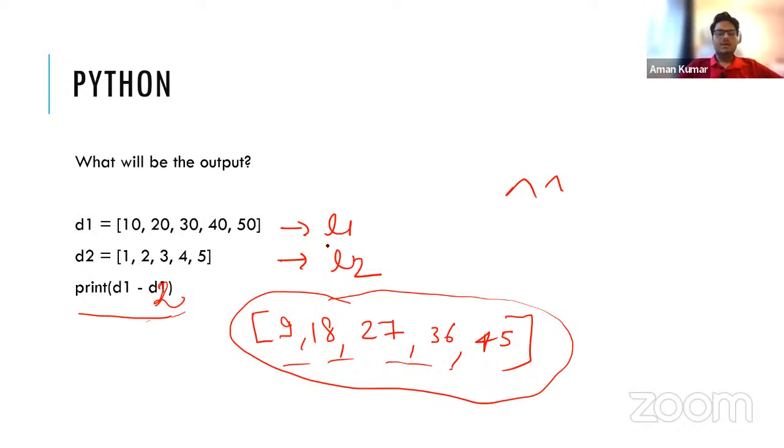Now tell me, how can I achieve this output, the one I have circled here? I mean, element-wise subtraction. How can I achieve this? Tell me. List comprehension or loop? Can you write it down for me? List comprehension means it will be a small code only. Okay. So write down like this.